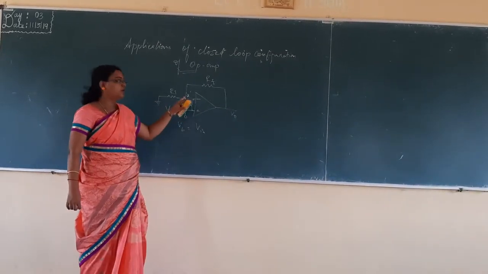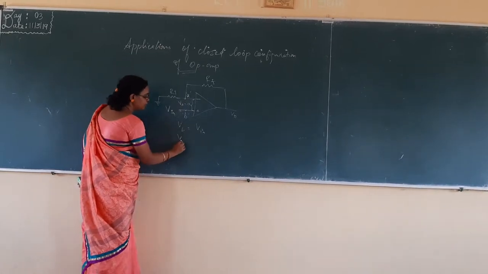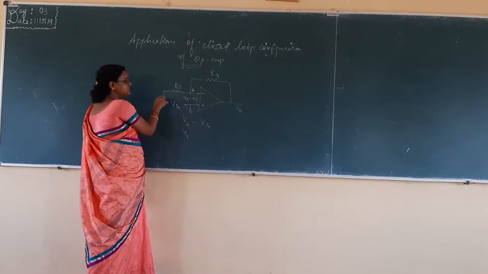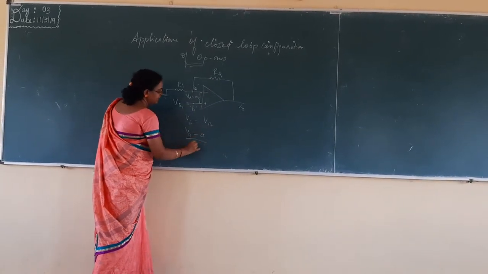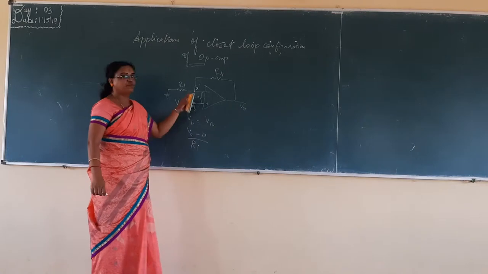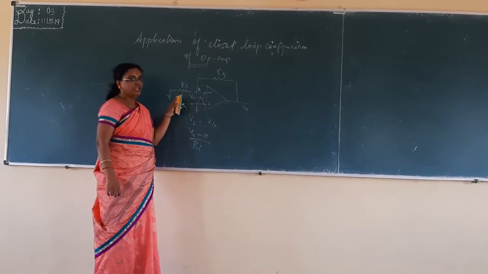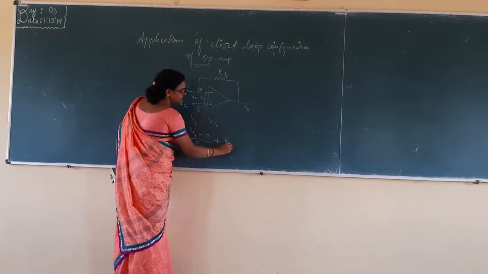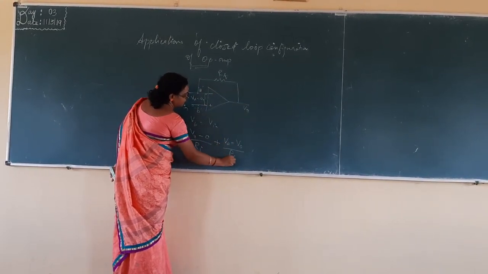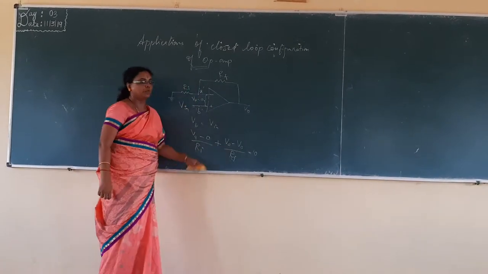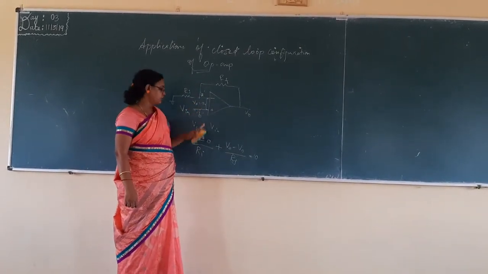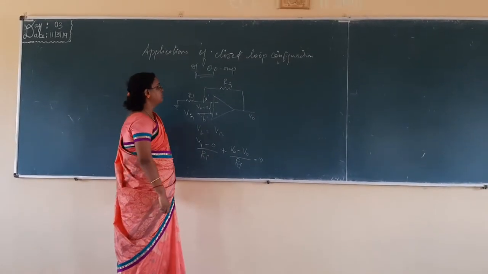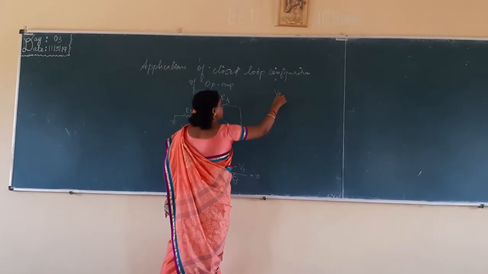When we consider node A and apply the current equation, (Va minus 0 volt) divided by Ri is the current flowing through Ri from the Va node, plus (Va minus V0) divided by Rf should be equal to 0. Now from this current equation, we shall find what Va is equal to.